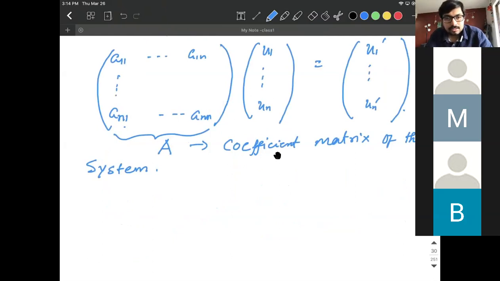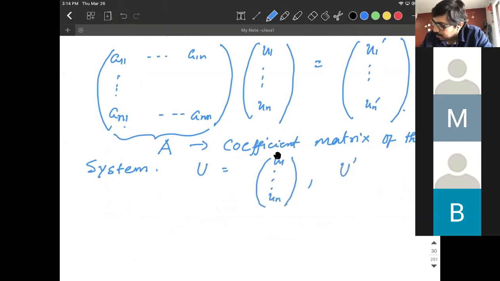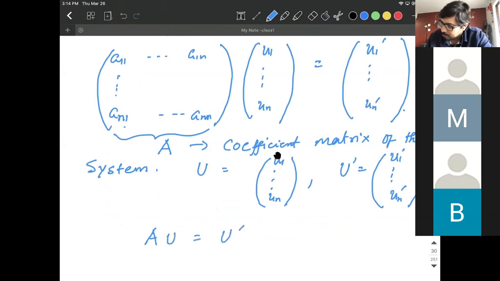Then let's give some names. A is the coefficient matrix. Let's call u this vector of functions, and u prime simply the derivatives. Okay, so you have A u equals u prime.